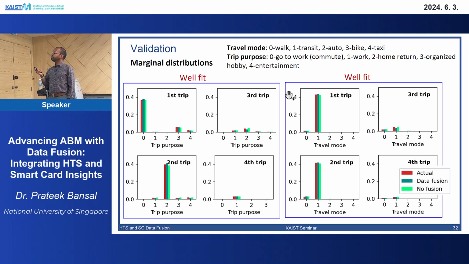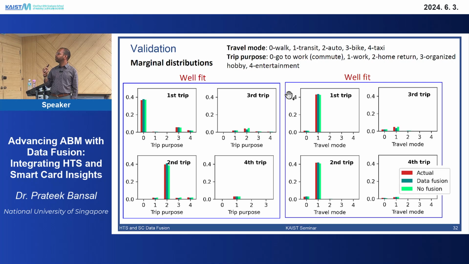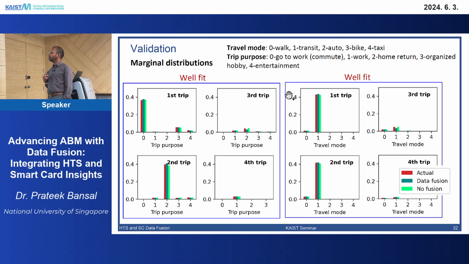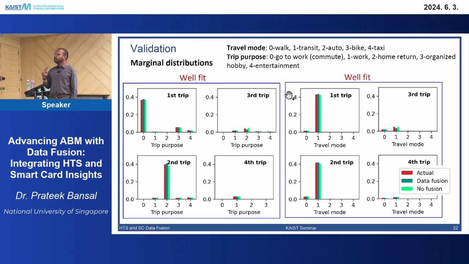Just to remind, for the travel mode, 0 is walk, 1 is transit, 3 is bike, and 4 is taxi. For trip purpose, 0 is go to work, 1 is work, 2 is home return, 3 is organized hobby, and 4 is entertainment, right?